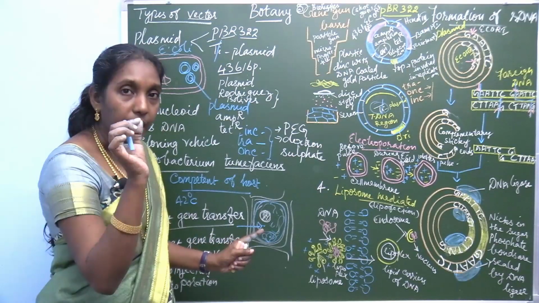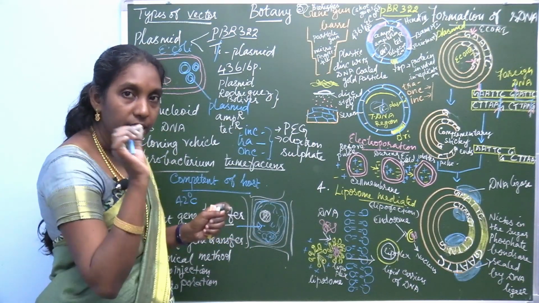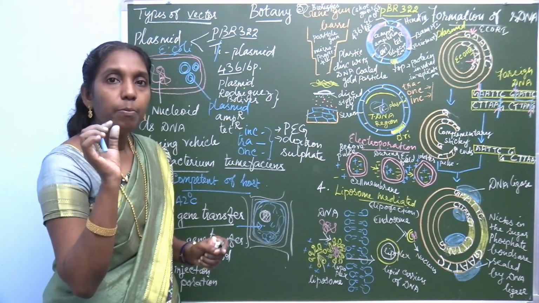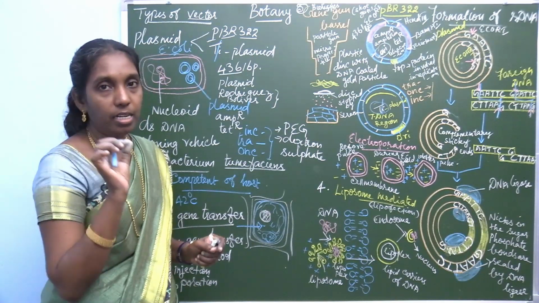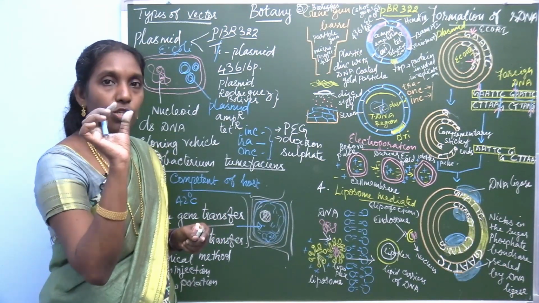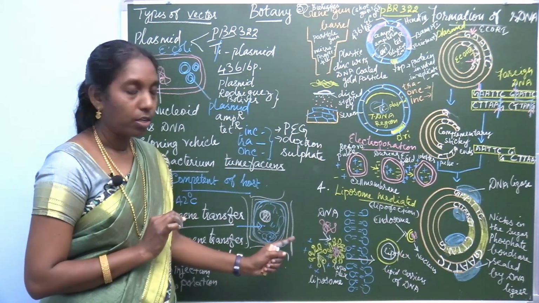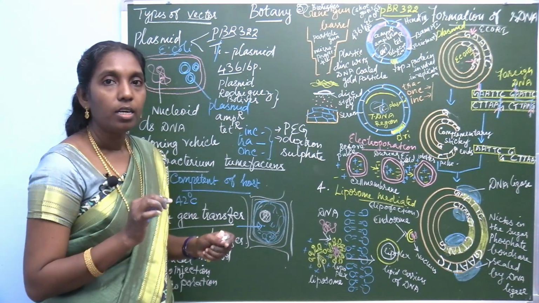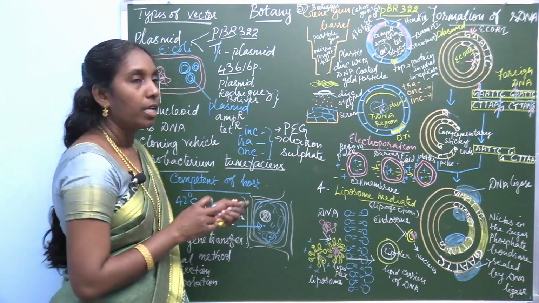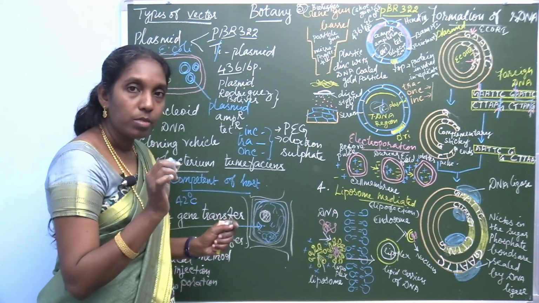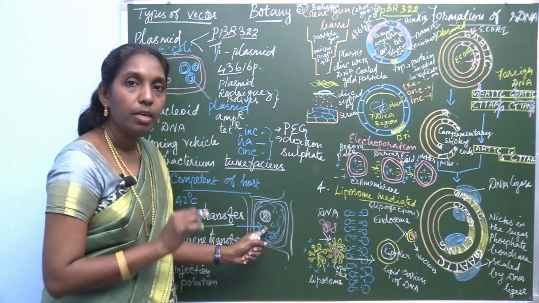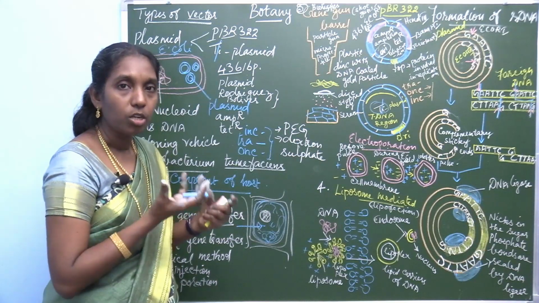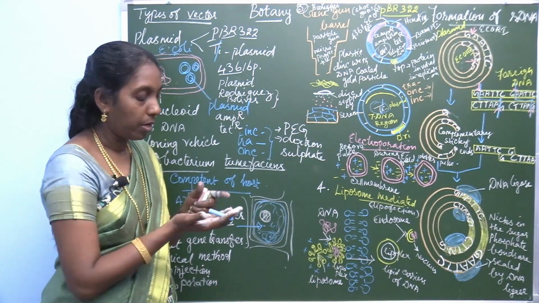The microscopic DNA particles, or the gene, are introduced with the help of very minute, sharp-tipped glass needles, which are used to inject directly into the protoplast, or a micropipette is used. Through this micropipette, it is directly transferred into the protoplast. Keep the protoplast or cell immobilized on the microscopic slide.